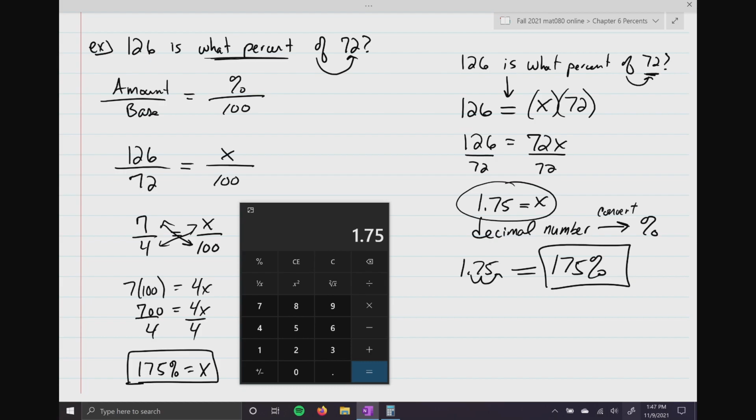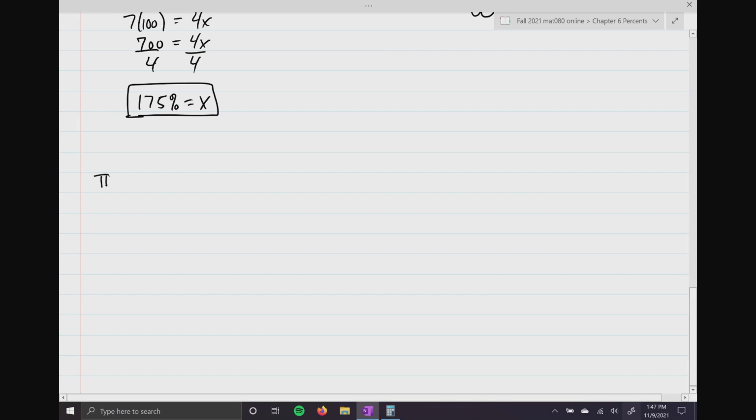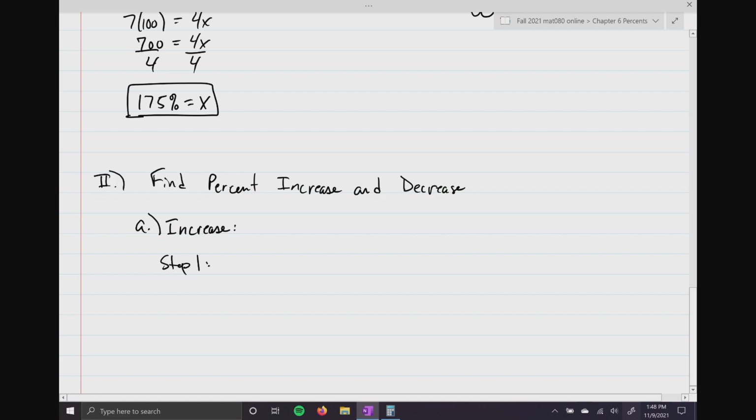What we're going to move into now is finding percent of increase and decrease. Okay? So it's actually pretty simple. We'll focus on the increasing first. So step 1 is to find the amount of increase.